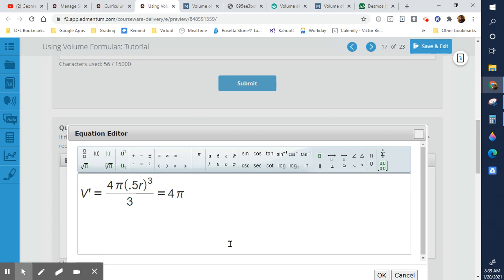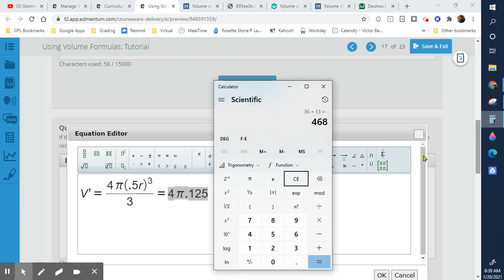We're actually going to end up getting 0.125. If you don't believe me, you can grab a calculator. 0.5 times 0.5 times 0.5 again.